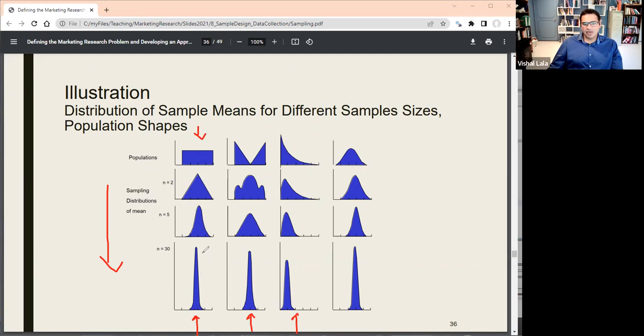And then as your n goes up, your distribution tends to look more and more normal, regardless of the population shape. We're seeing this with all sorts of examples. Every one of them, as n goes up, even at n equals 30, what is not at all normal or bell-shaped in the population is fairly smooth and bell-shaped in the sampling distribution.